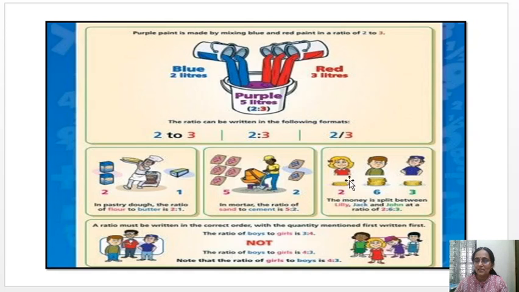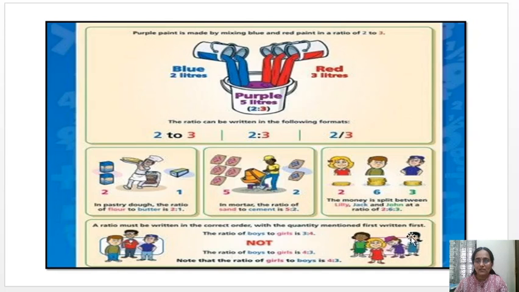Or 20 rupees is given to Lily, 60 rupees to Jack and 30 rupees to John. The money is distributed in the ratio 2:6:3.